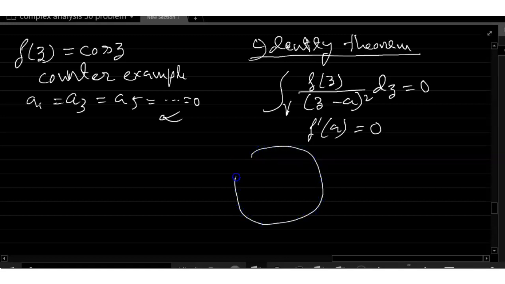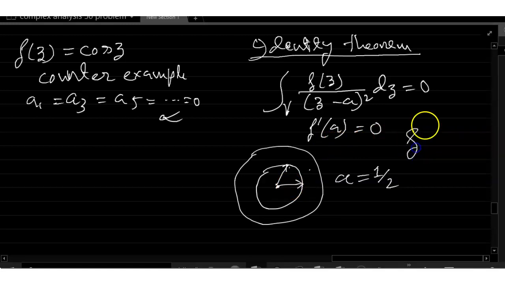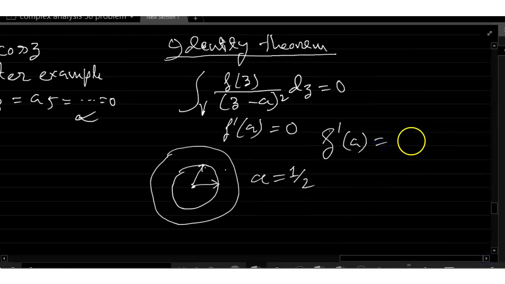This is the circle, and this is my a equals to half, and f dash a equals 0.